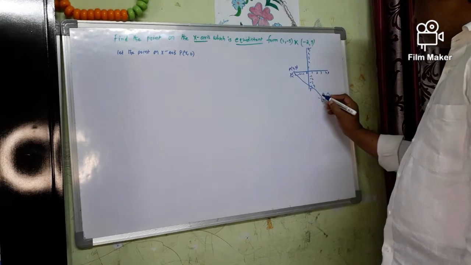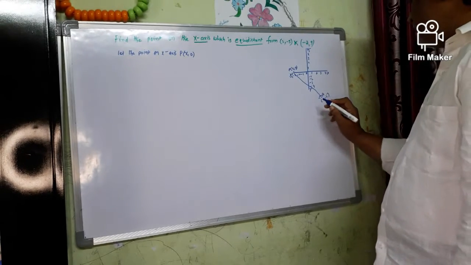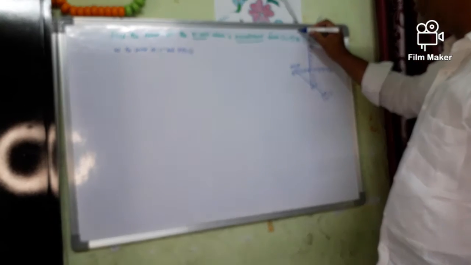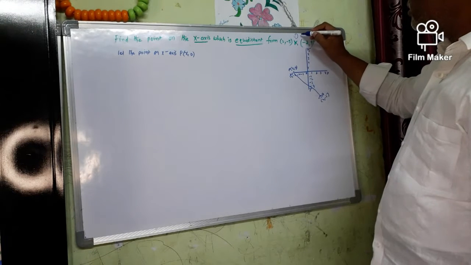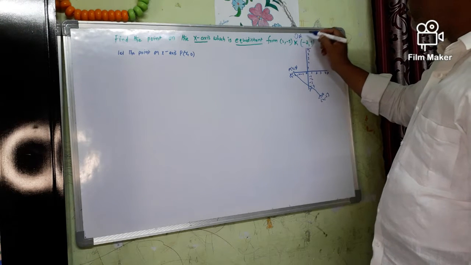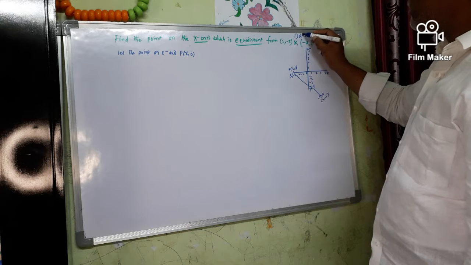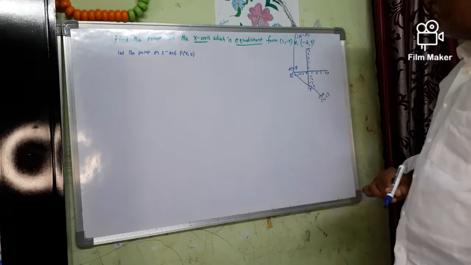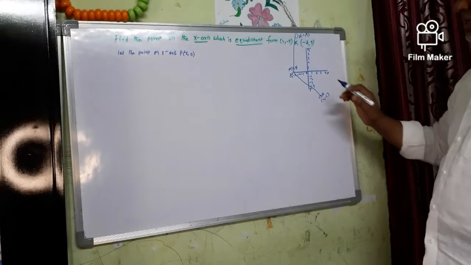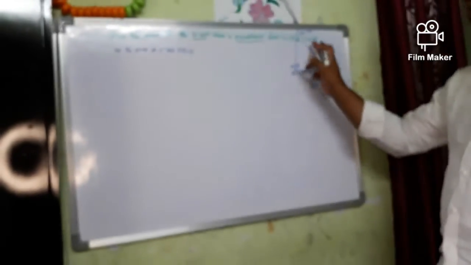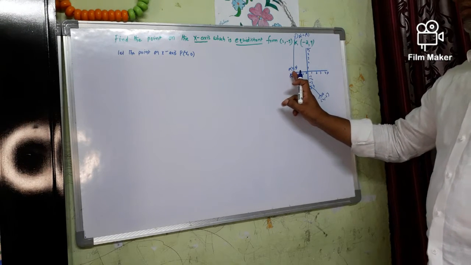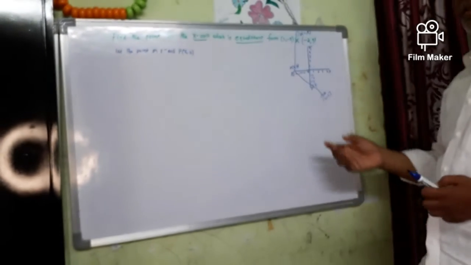Next, another point is (-2, 9), suppose here, B. Join P and B. It is said they are equidistant: these two points are equidistant from the point on the x-axis.